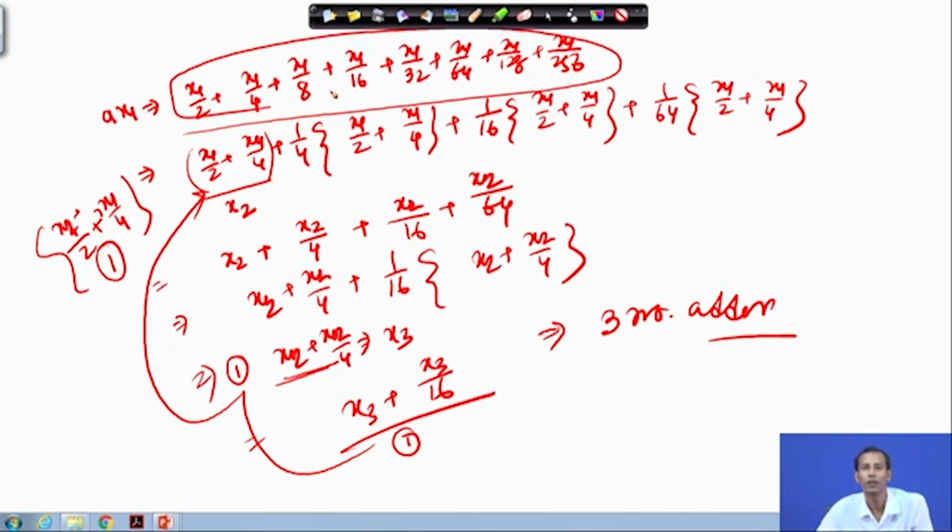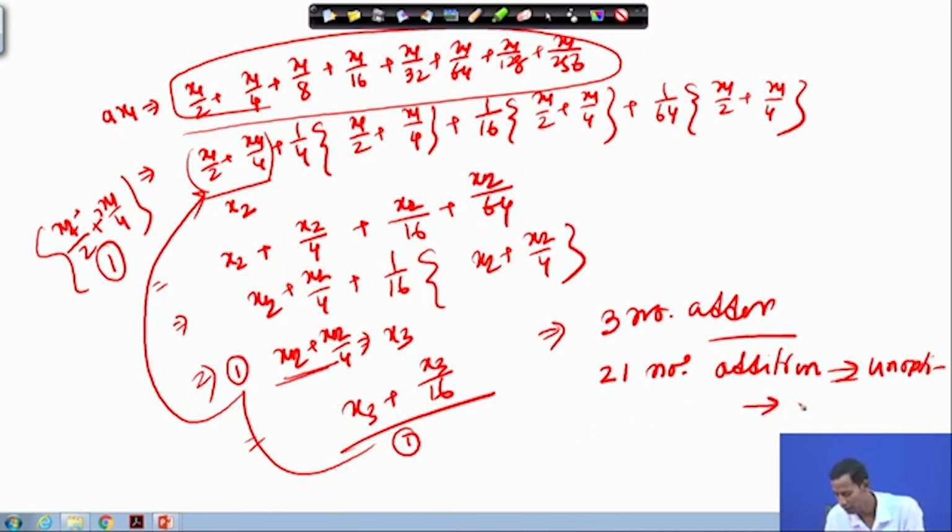Here I require how much? I require total 4 number of. So, that means here if I take another level common, at that time I require only 3 number of addition operations. So, that means now initially how many? I require 21 number of addition operations, right. That is for the unoptimized case.